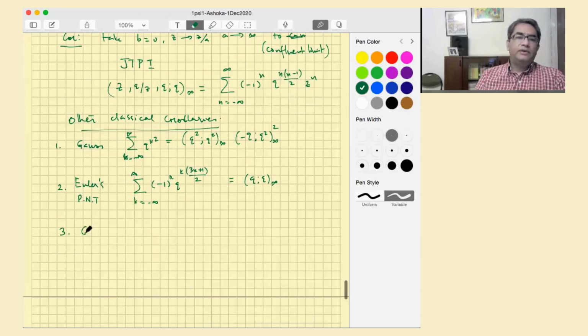And then there is another one due to Gauss. Gauss's interest in sums of squares and in general quadratic forms, k plus 1 over 2.